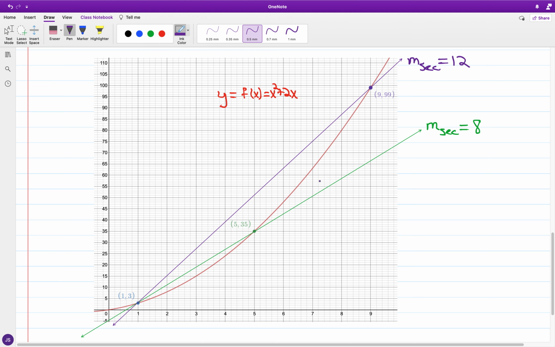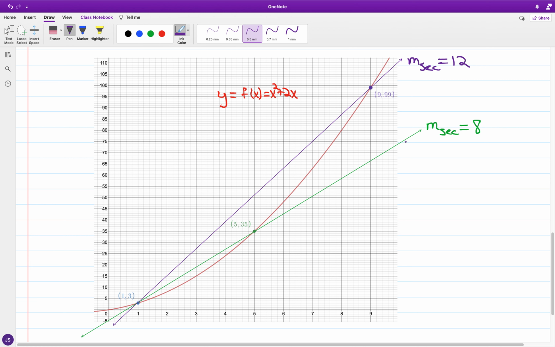And so for the average rate of change of this function, as x gets larger, the slope connecting 2 points, especially from the starting point, is going to get larger and larger. If I went out to say x equals 20, then 50, and then 100, the average rate of change will continue to get larger.